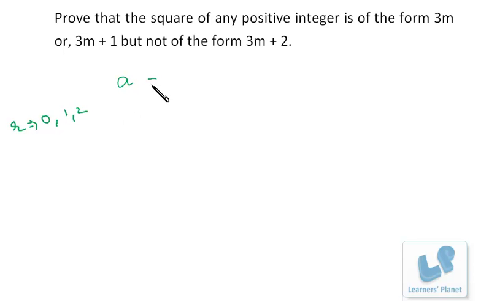So a can be written as 3p format, or a is 3p plus 1 format, or a will be 3p plus 2 format, right? That means if a is divided by 3, the remainder is 0. If a is divided by 3, the remainder is 1, and if a is divided by 3, the remainder is 2, right? So these are the three possibilities, right?